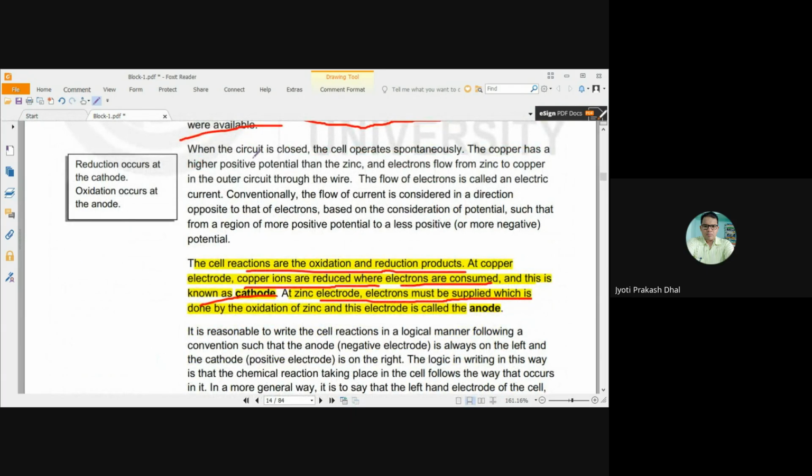Now when the circuit is closed, the cell operates spontaneously, and the copper has a higher positive potential than that of the zinc, and the electrons flow from the zinc to the copper through the outer circuit, through the wire, and the flow of electrons is called electric current.